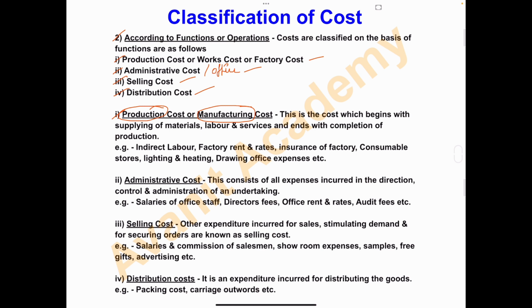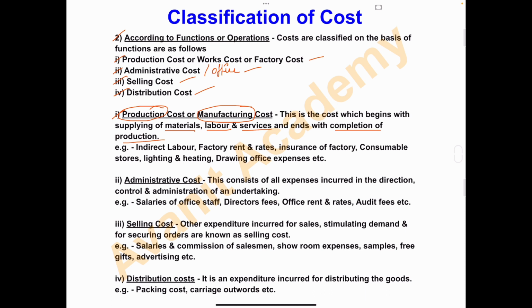So whatever cost is incurred for production of goods, that is conversion of raw material into finished product, is called production cost. This cost begins with the supplying of material, labor and services and ends with the completion of the production.